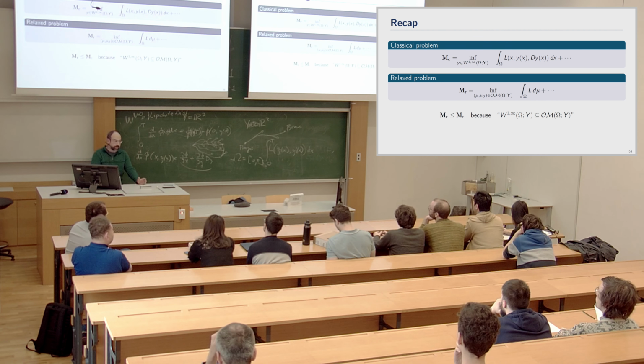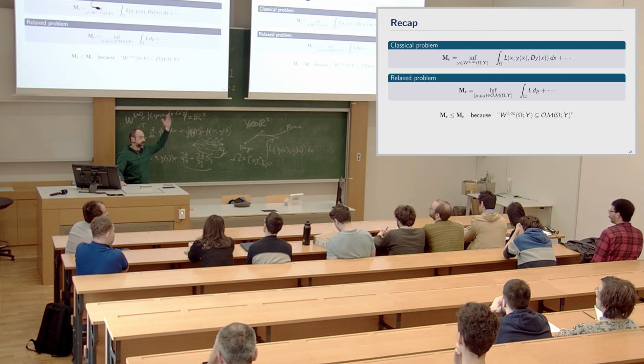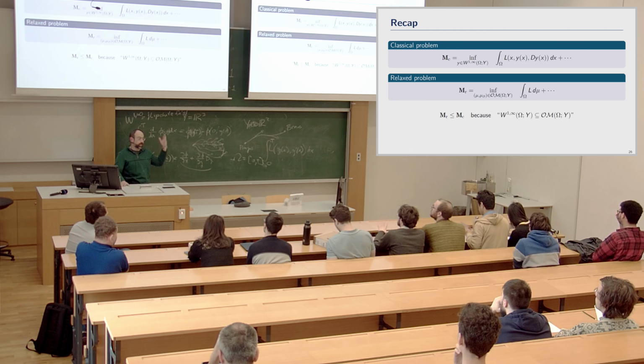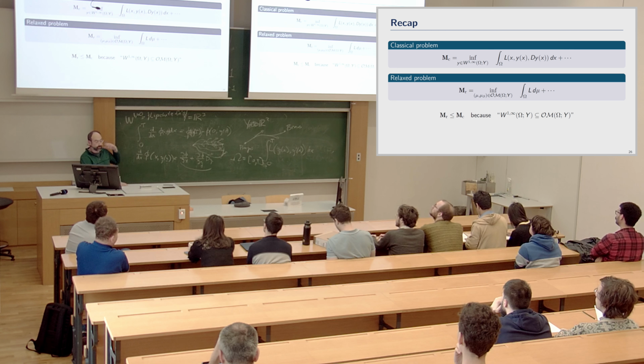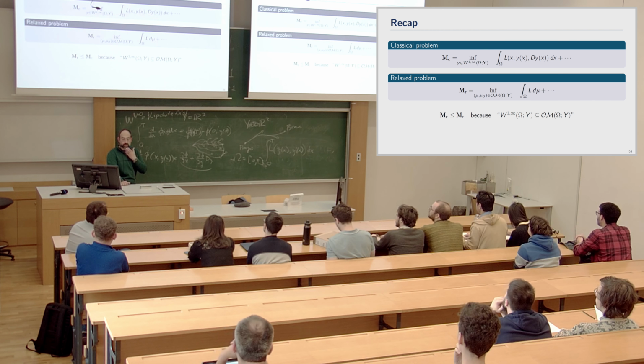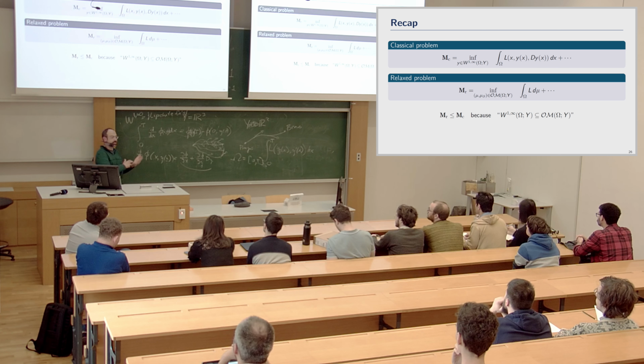Okay, so to recap, we start with a classical problem where we're minimizing over the Lipschitz functions, y. We relax it. So now we're minimizing over the occupation measures. Well, these pairs of a measure encoding the bulk and the measure encoding the boundary.